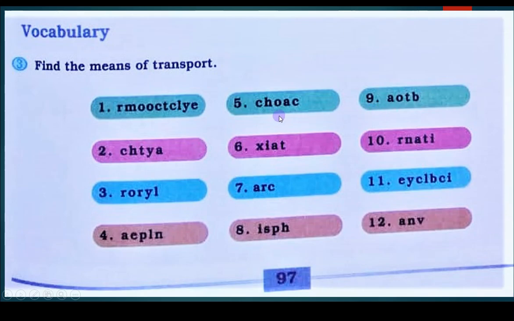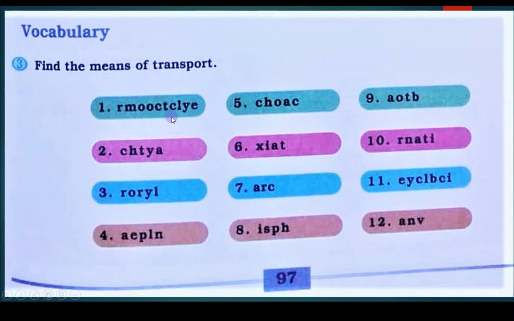Okay? So let's try to put them in order to form the means of transport.